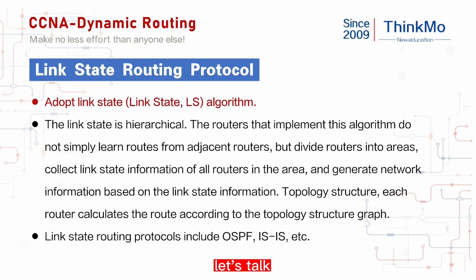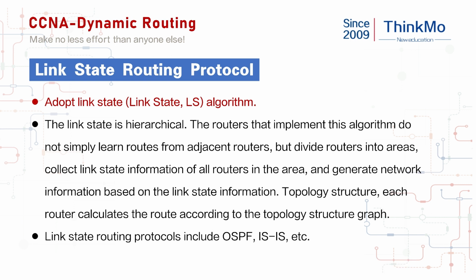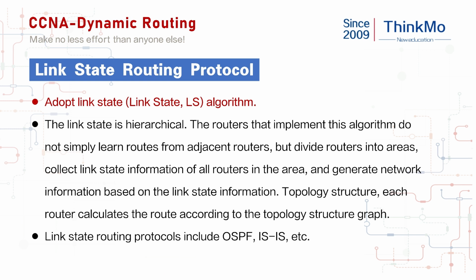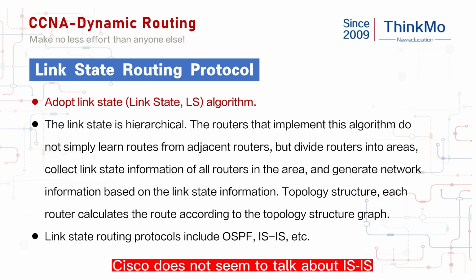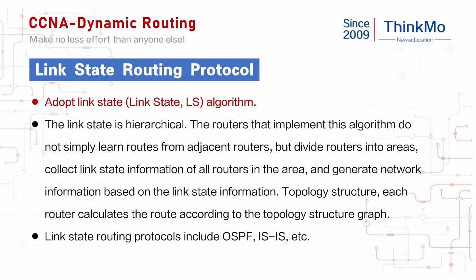Next, let's talk about the algorithm of the link state routing protocol, called link state, called LS. A typical link state protocol is OSPF, ISIS. Cisco does not seem to talk about ISIS, because it is a carrier technology. We will speak OSPF. It will have an NA, NP and IE stages.